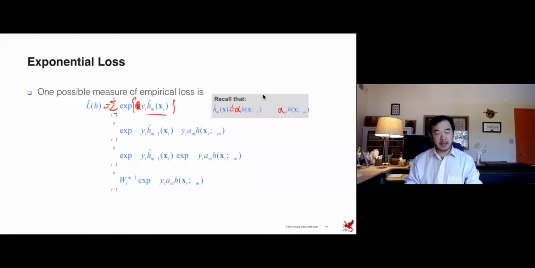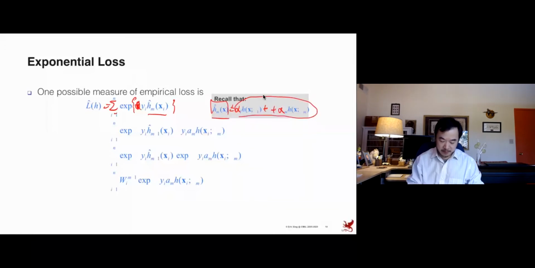And as I said, we have a weighted combination of the weak learners from the previous steps. So the decision hypothesis at this step is now set to be the weighted combination of this.